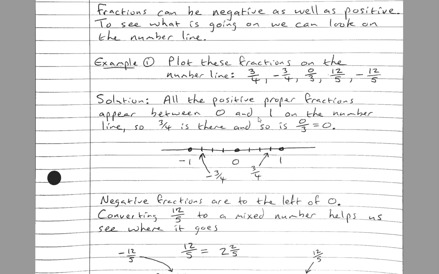And I'm saying here that if you're looking at positive proper fractions, proper means that the top number is less than the bottom number.